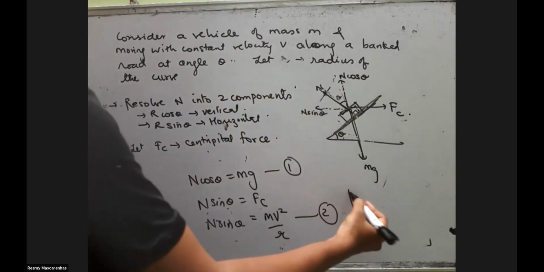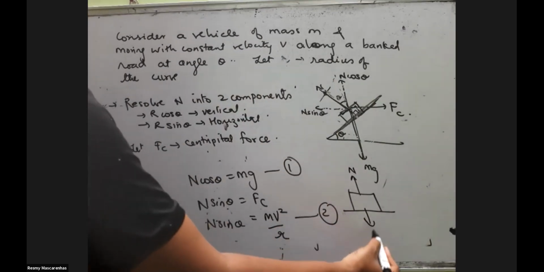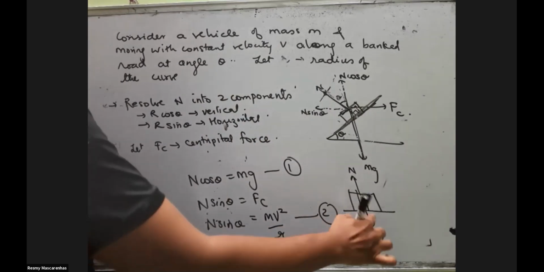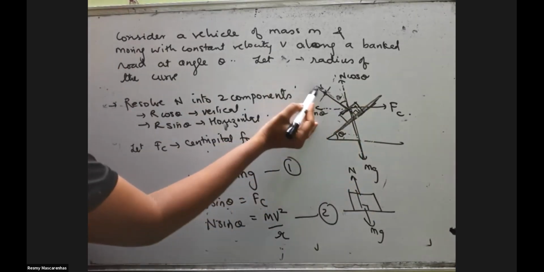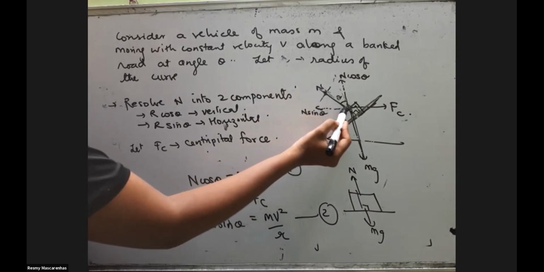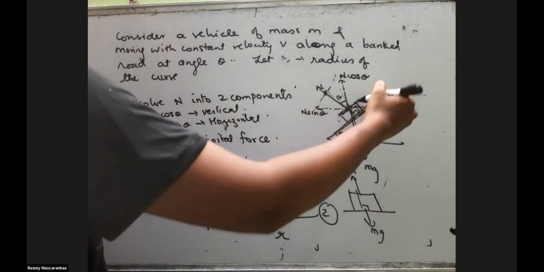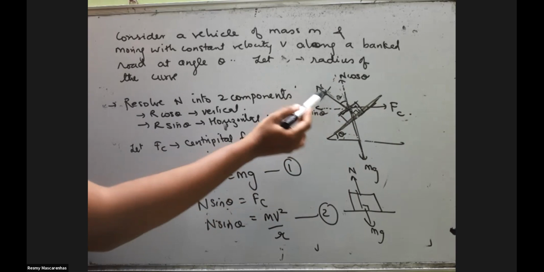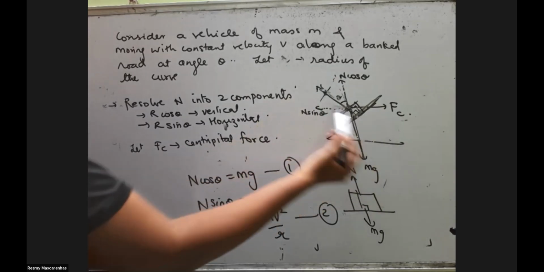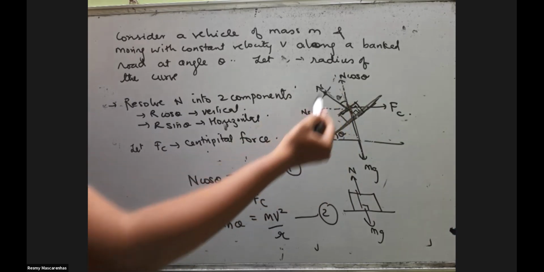Now if the car was like this straight, then this would have been N, and this would have been mg, because this is anyways perpendicular to this surface, but now it is at an angle. So you have to draw it perpendicular to the surface. So now where is the surface of the car? Here, like this. So that's why it became at an angle. We cannot compare anything opposite like this. This equals to this. So any vector which is at an angle, we have to resolve it into two components.